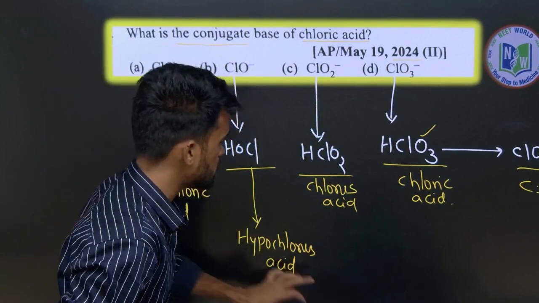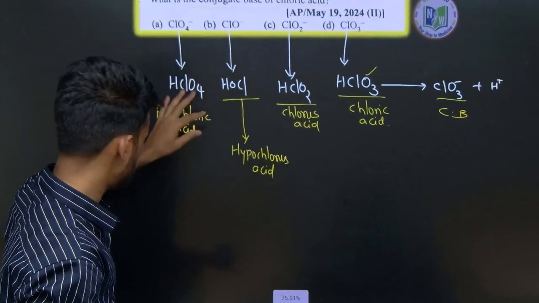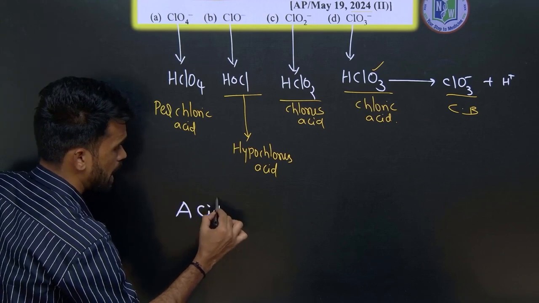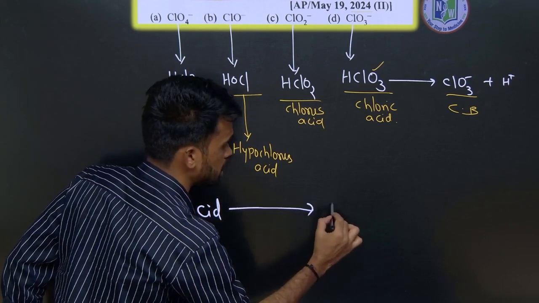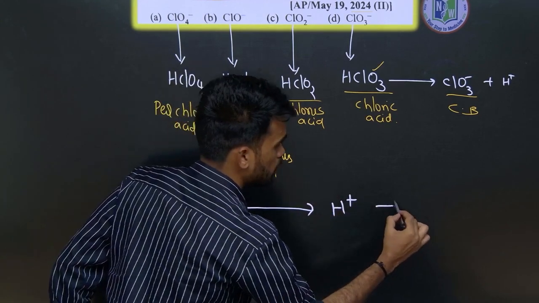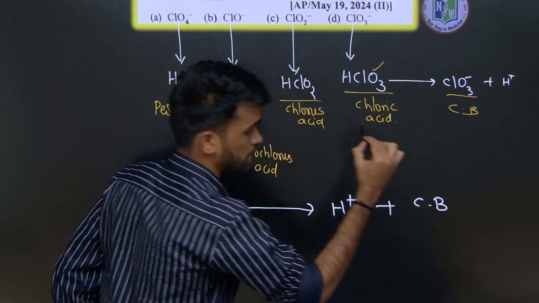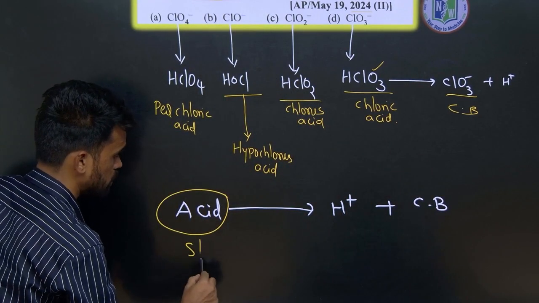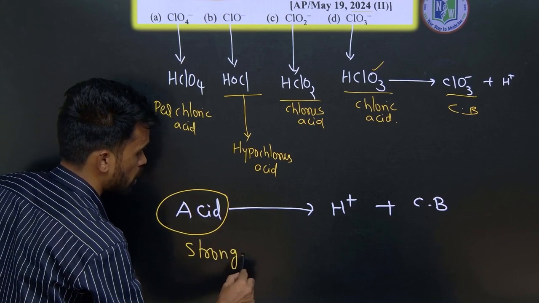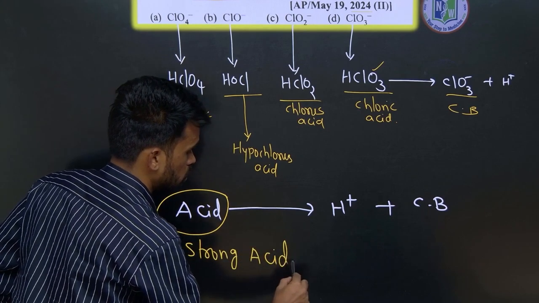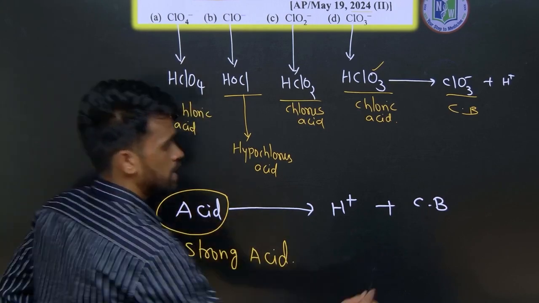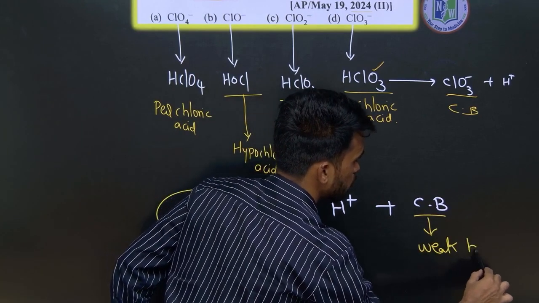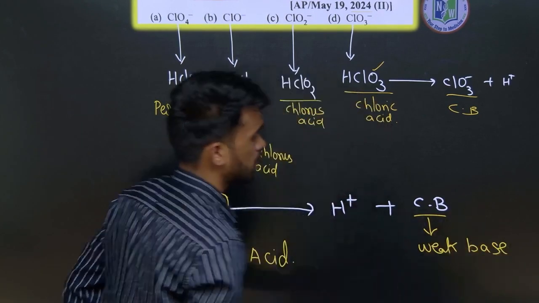Okay. Now I just want to add a few more concepts here. If an acid is there, after releasing H+, what will we get? Conjugate base will be obtained, right? Now if the acid is a strong acid, its conjugate base will be weak. Weak base. The conjugate base will be very weak.